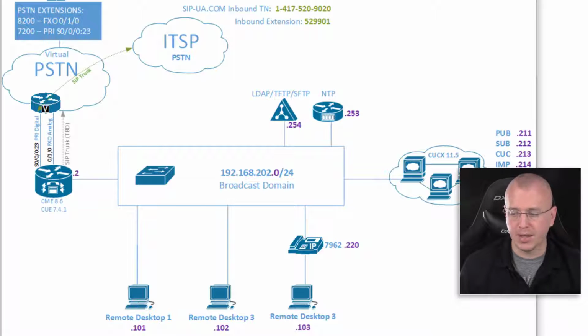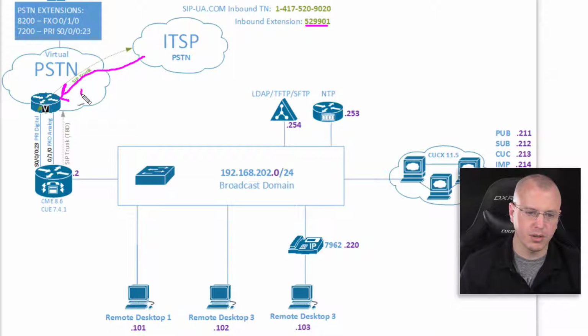But what we want to keep in mind is the call legs and order of operations. We have this real number that we're going to call, and then this is the extension we'll be dialing. When the call first comes in, the inbound, I'm really terrible at drawing with the mouse. Those squiggly lines are supposed to say leg. So leg number 1. Once it comes in, we want it to go down this PRI interface as an outbound.